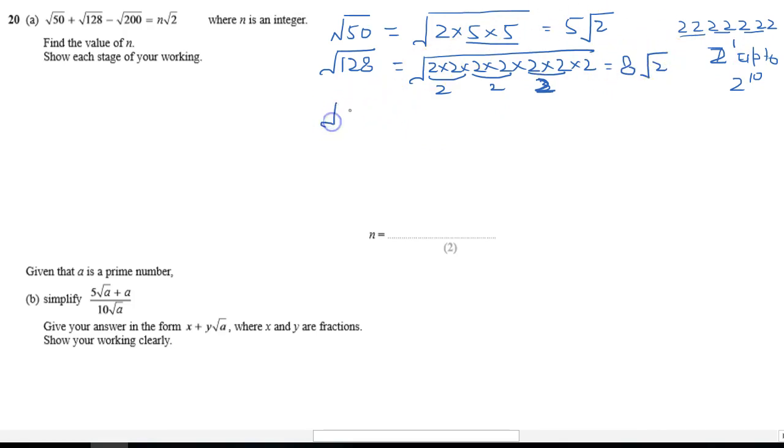Now the third one is root 200. We know that 200 is equal to 2 multiply 100, that is 10 multiply 10, and 10 is 2 multiply 5. So 2 multiply 2 is 4.